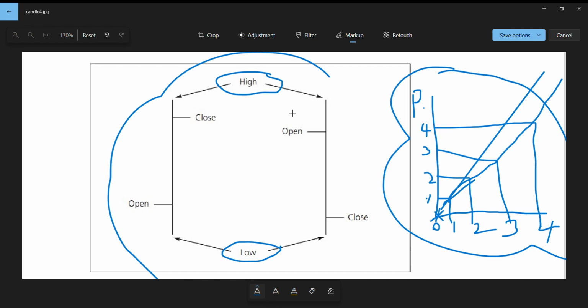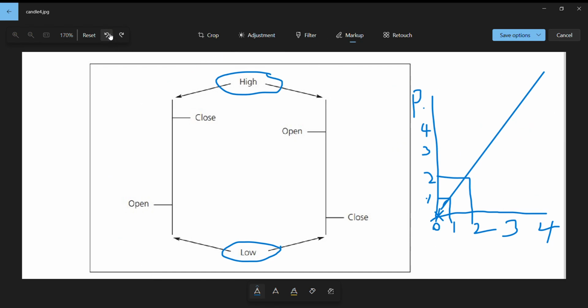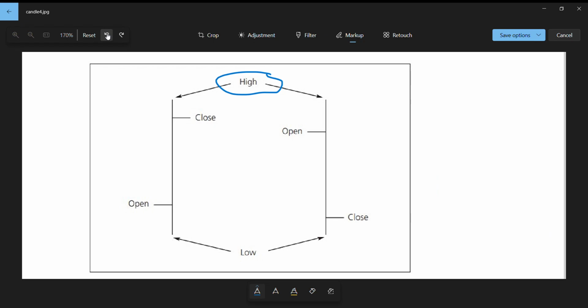Now, hold on. Let me quickly take you around this side. Now we have seen the high, and we have seen the high and the low. Now this candle of this chart, this diagram is made out of 2 things, which I'm going to show you now, and I'm going to divide it into 2.